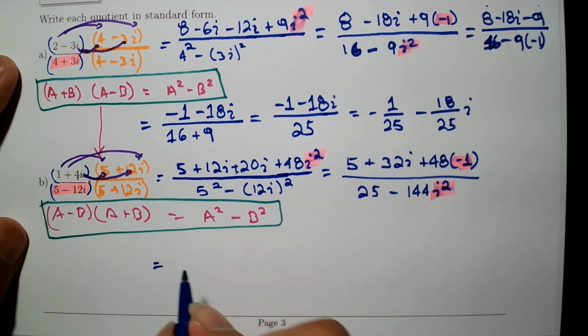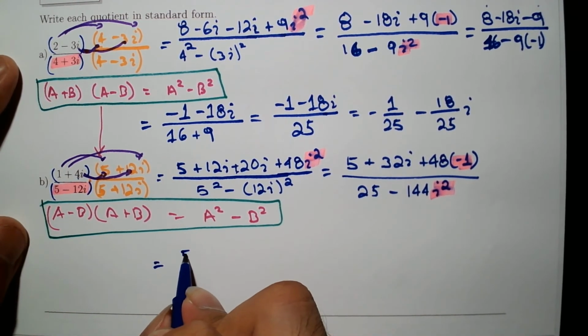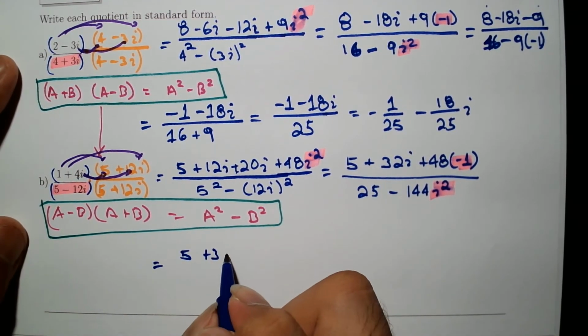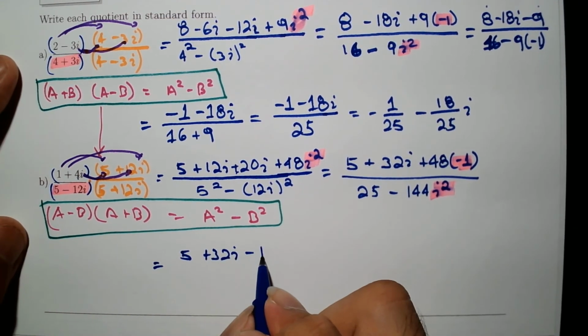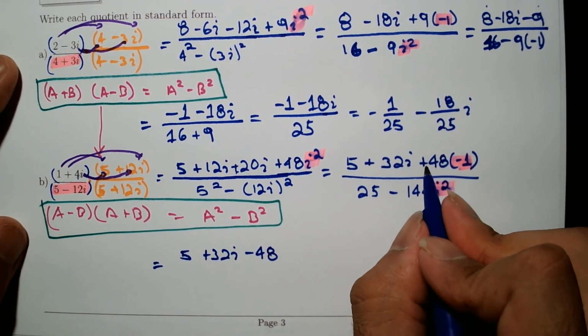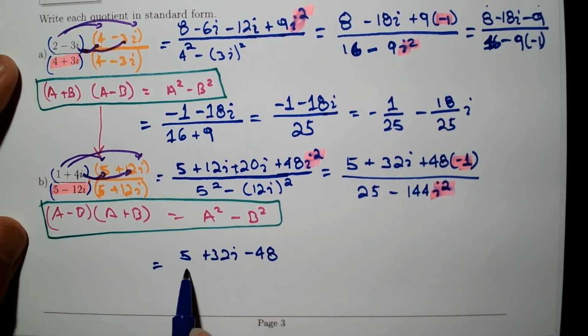So this will be 5 plus 32i minus 48, because plus times a minus is going to be minus.